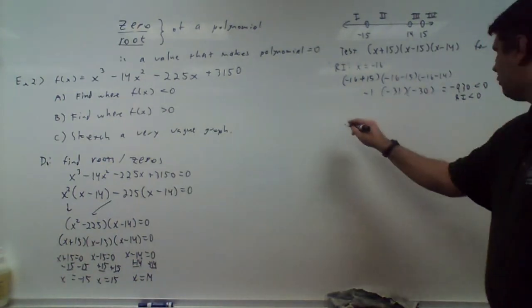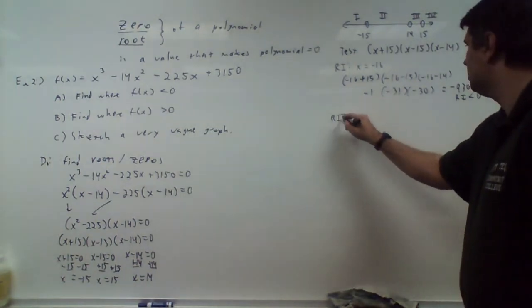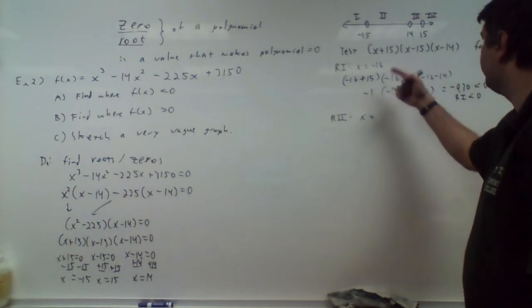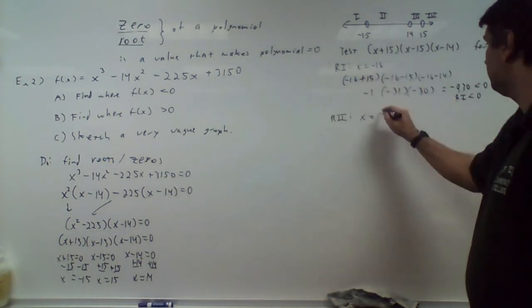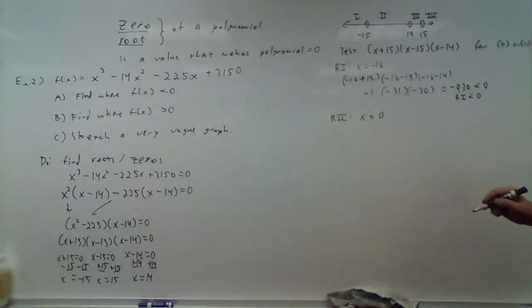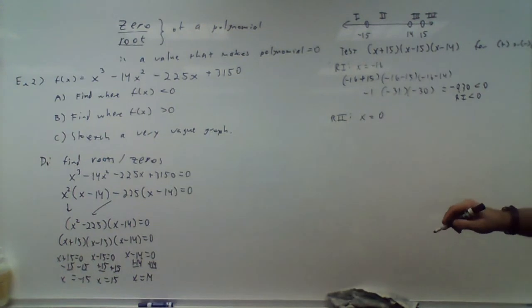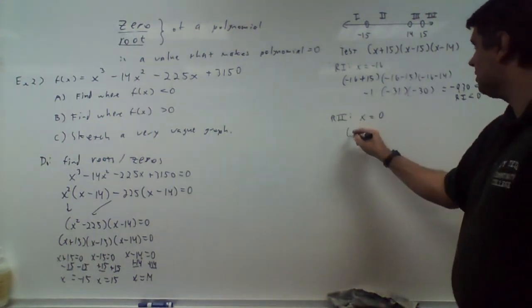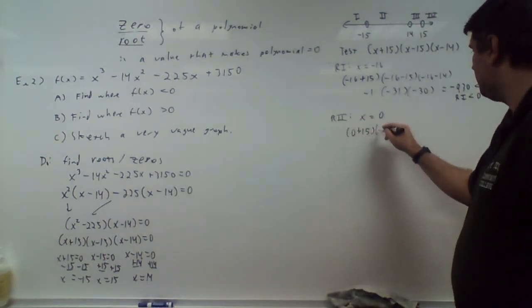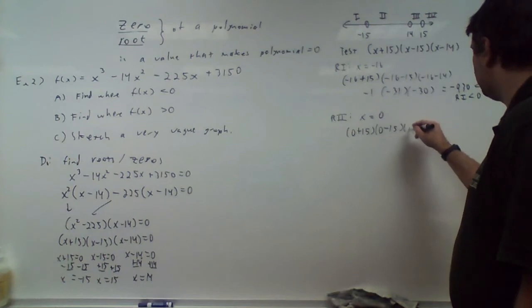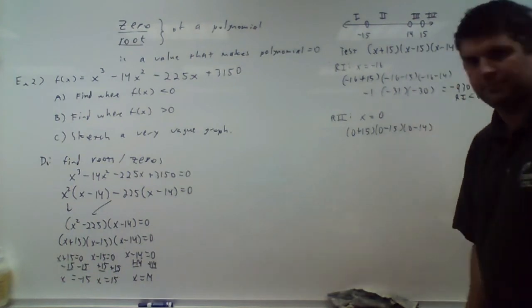Okay? Region 2, we'll let x equal 0. Okay? It's in that region. So we will have 0 plus 15, 0 minus 15, 0 minus 14.